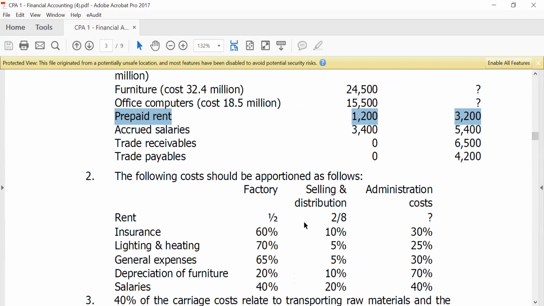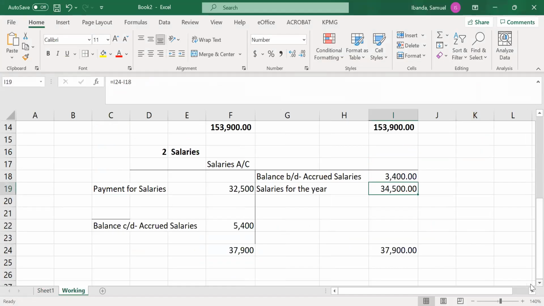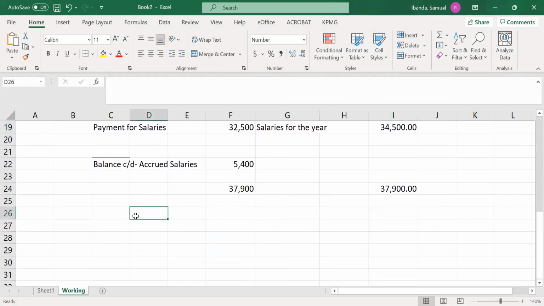So in the same way, what we are going to basically do is to draw up our rent account, just like the way we have done for that. So my working 3 here is going to look at the rent account.